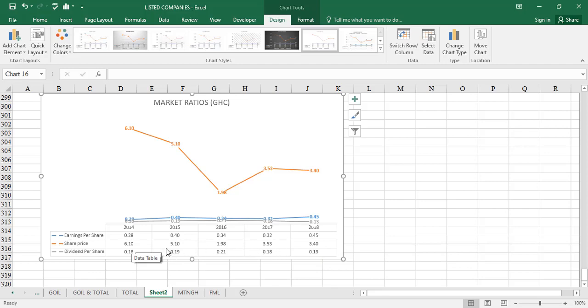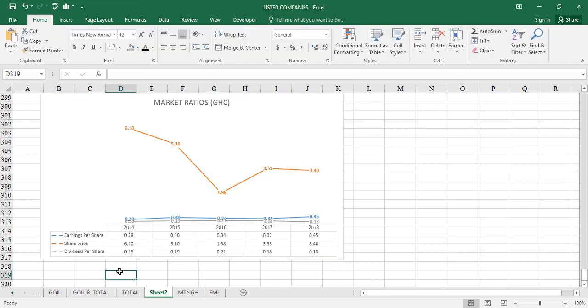In 2018 it was trading around 3.4 or 3 cedis 40 pesewas. Now the dividend per share represents how much dividends the investors are going to receive at the end of the period. So the company paid this amount of dividend. How much are you as an investor going to receive per share of the company that you have? That is what we have here. So in 2014 we are seeing a dividend per share of 18 pesewas, and in 2018 we are seeing a dividend per share of 13 pesewas.